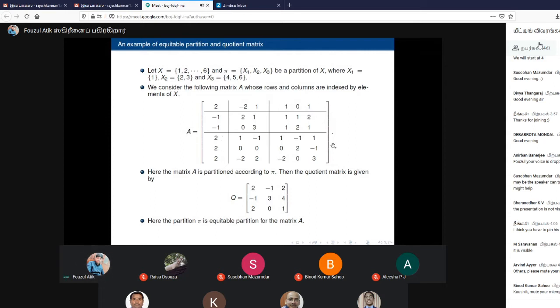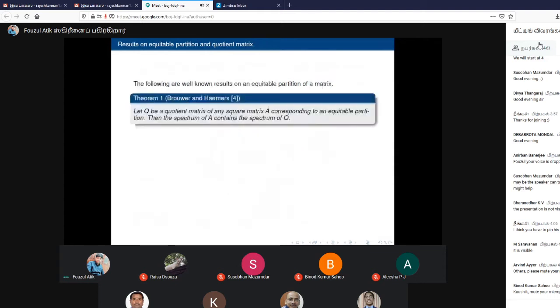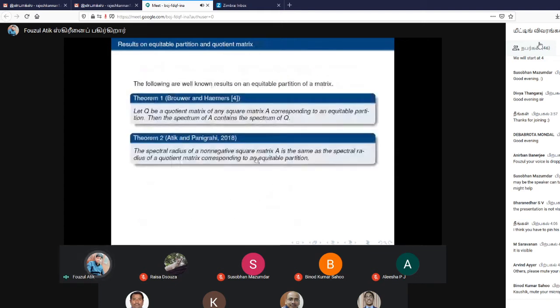We all know that in that case the spectral radius of the adjacency matrix is the regularity R. Now if we apply this result, we can verify it: for a regular graph of regularity R, the quotient matrix is of order 1 by 1 and its entry is the regularity R. The spectral radius of a 1 by 1 matrix is R itself, so we can verify this result.